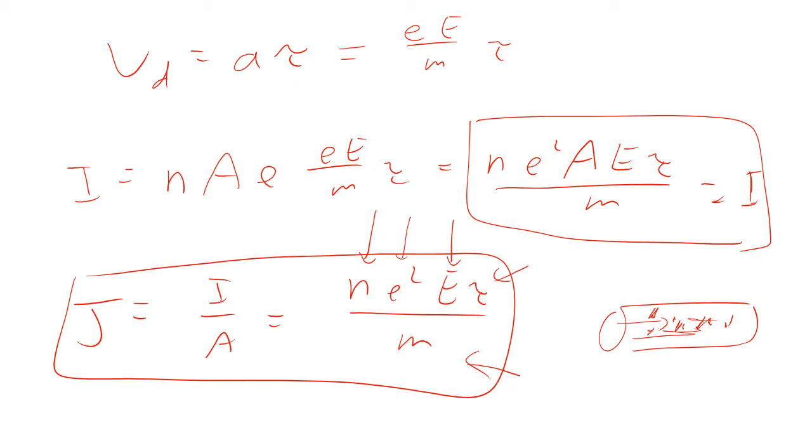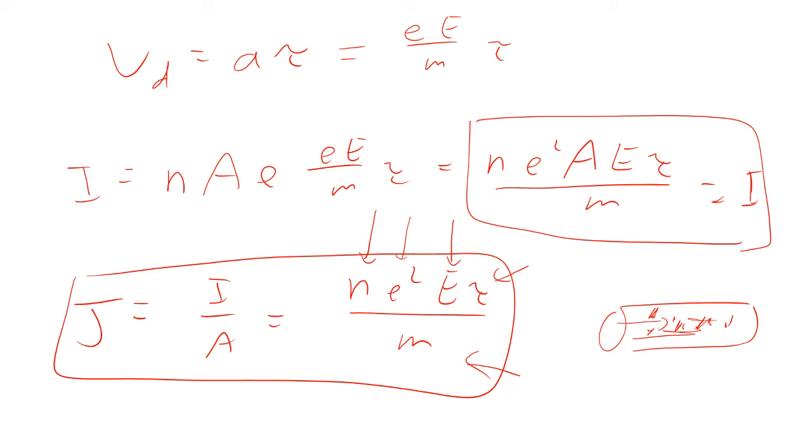And so this gives us an interesting expression, because what we realize is that the current is going to be very highly dependent on what we're doing right here. And in fact, we can say that the current is going to be proportional to the electric field.